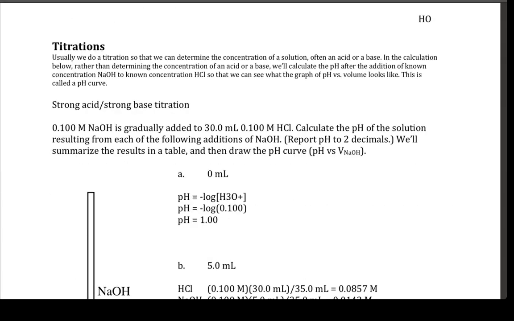Alrighty, our next section is titrations. Usually we do a titration so that we can determine the concentration of a solution, often an acid or a base.